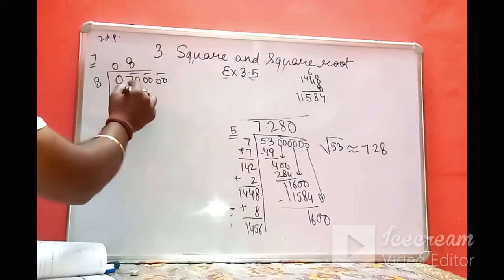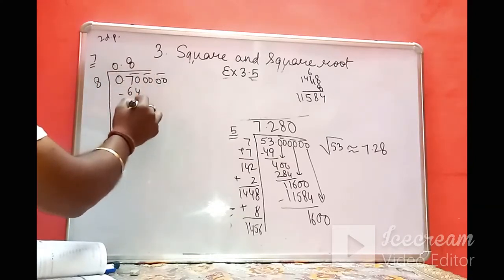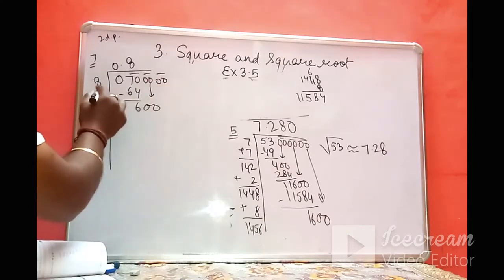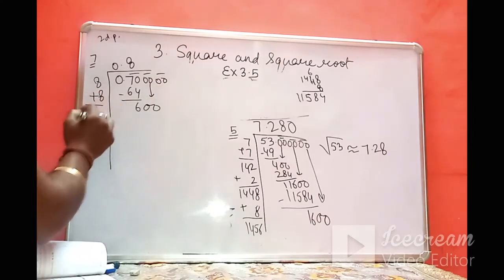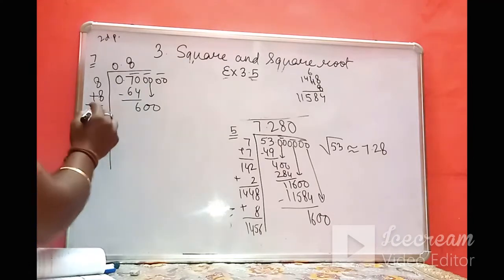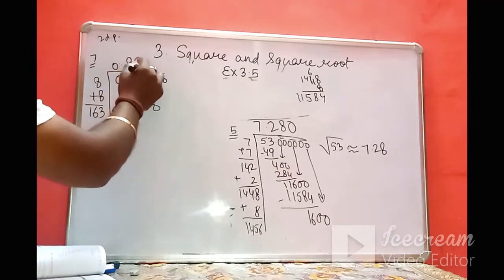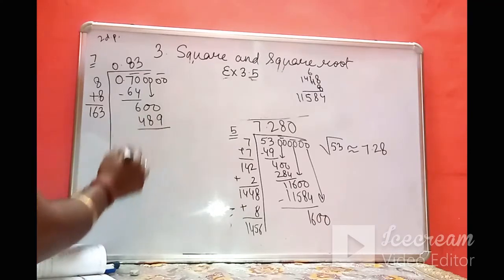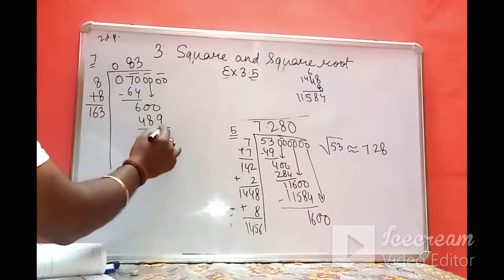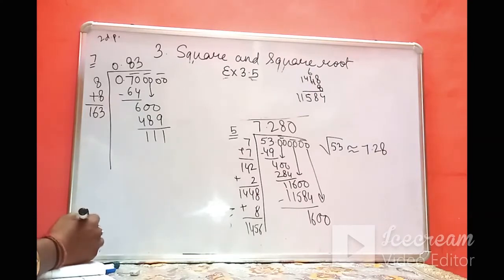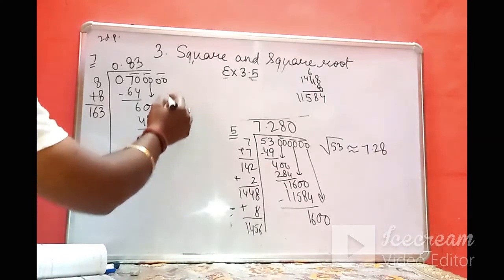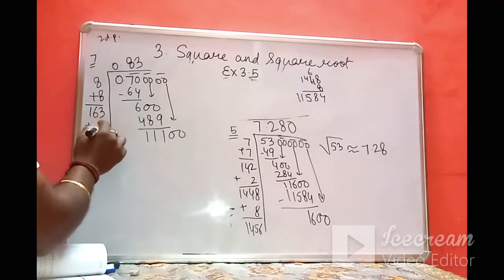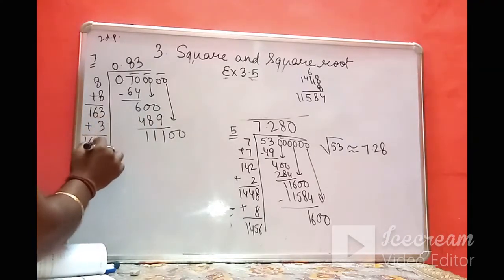8 into 8 is 64, minus 6, then 00, plus 8, 16. Then I will use 3, 0.83. Okay, so it is 111. Then one more pair, so 3 will come here. 166.